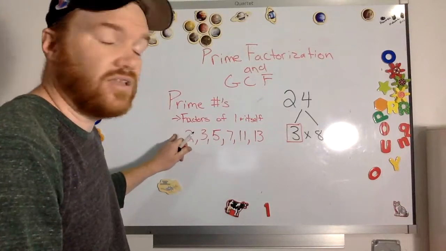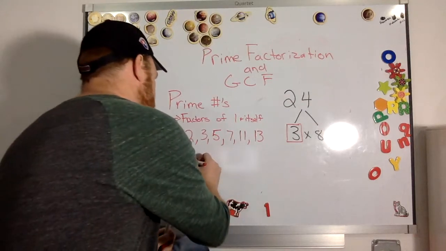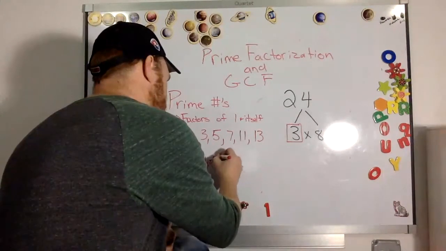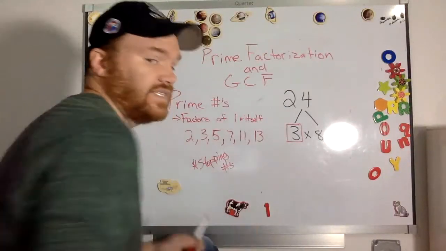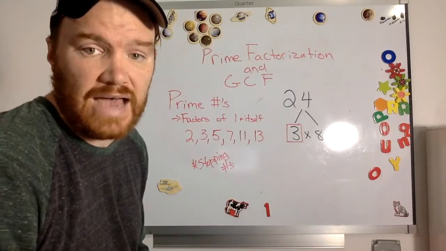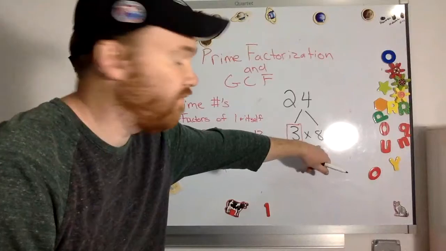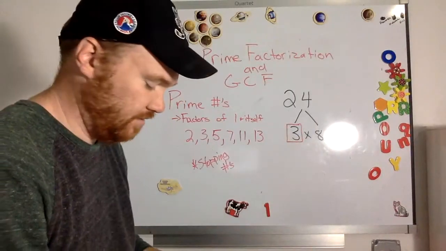So another thing when I do prime factorization, I call my prime numbers the stopping numbers. Those are the numbers that I stop at. Okay, so I'm stopping here, but 8 is not a stopping number for me, right? It's not prime, so I still have to break down 8.